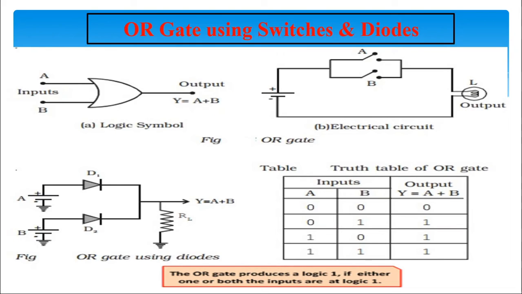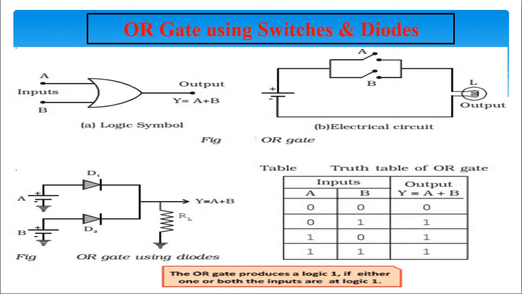Now the third case is A equal to 1 and B equal to 0. When A is high, that means connected to the positive terminal of the battery, and B is low, that means connected to ground, then diode D1 conducts, that means diode D1 will go into the forward bias condition and D2 remains off, so that current flows through resistor RL and the output is high.